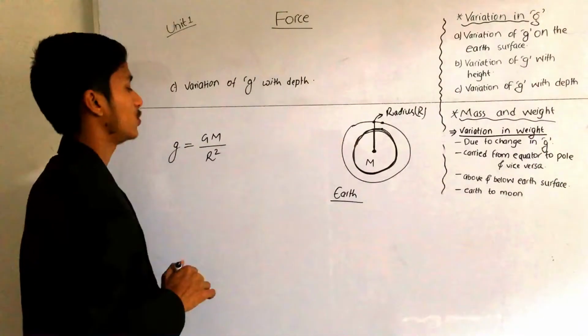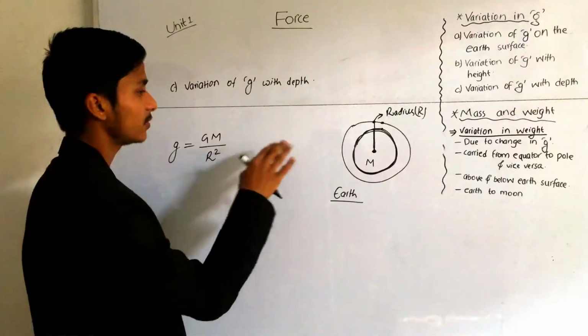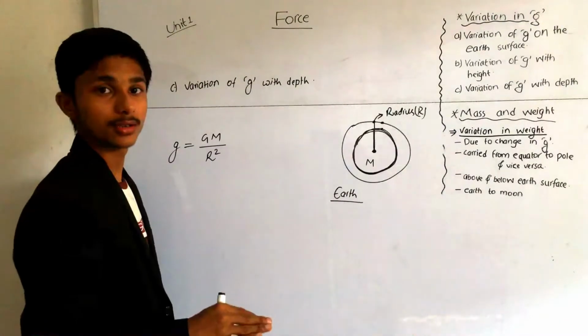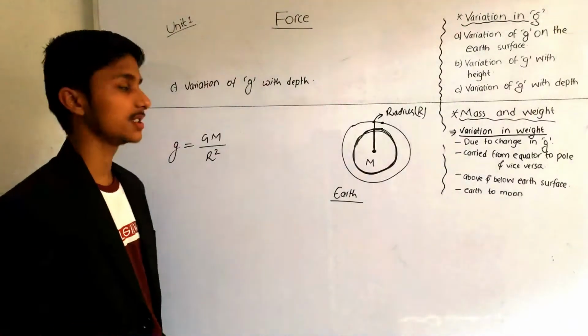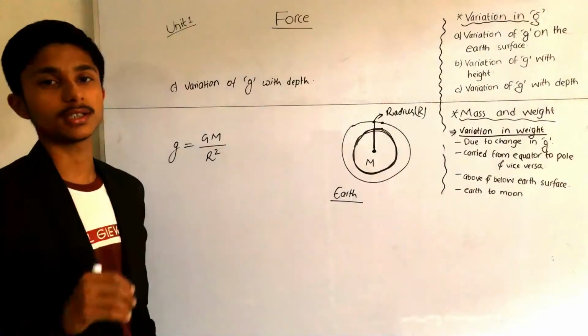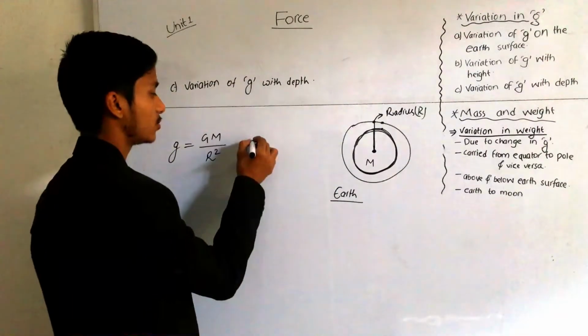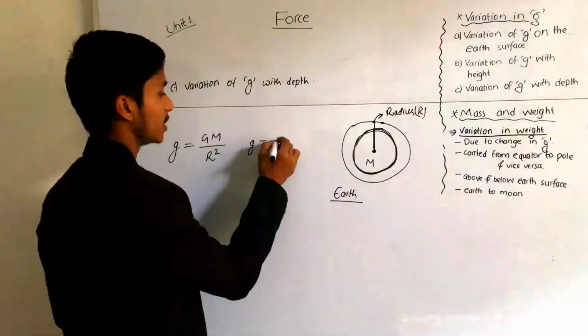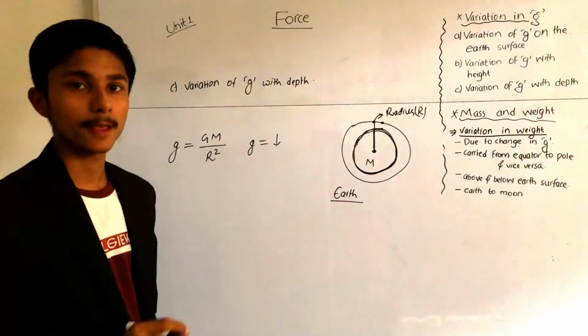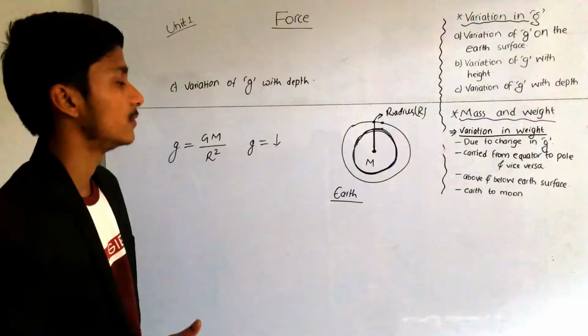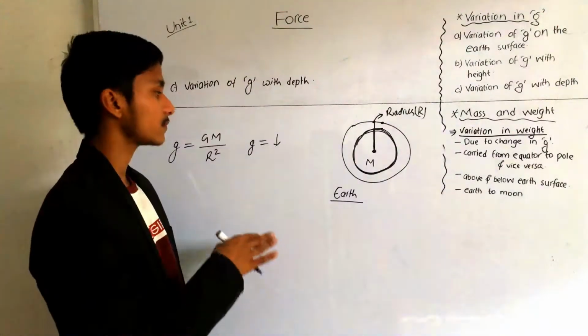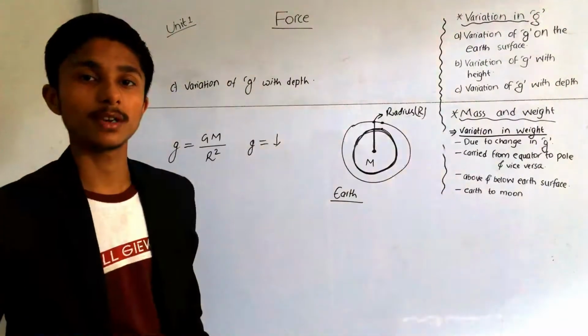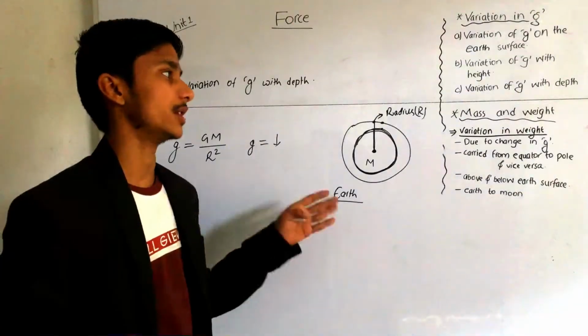In this case, we can see the mass of the Earth is changing. It means the mass is decreasing, so the value of acceleration due to gravity also gets decreased. Therefore, we can conclude the value of acceleration due to gravity decreases with depth.